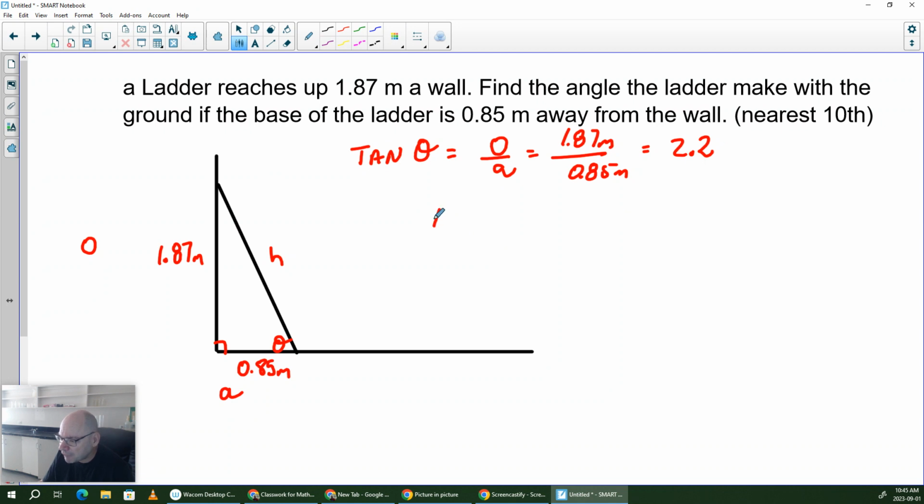So now we're going to go tan inverse of that number, 2.2, is going to give us our angle at the bottom. So go on your calculator, second function tan of that, and I get 65.55. We said to the nearest tenth, so 65.6 degrees.